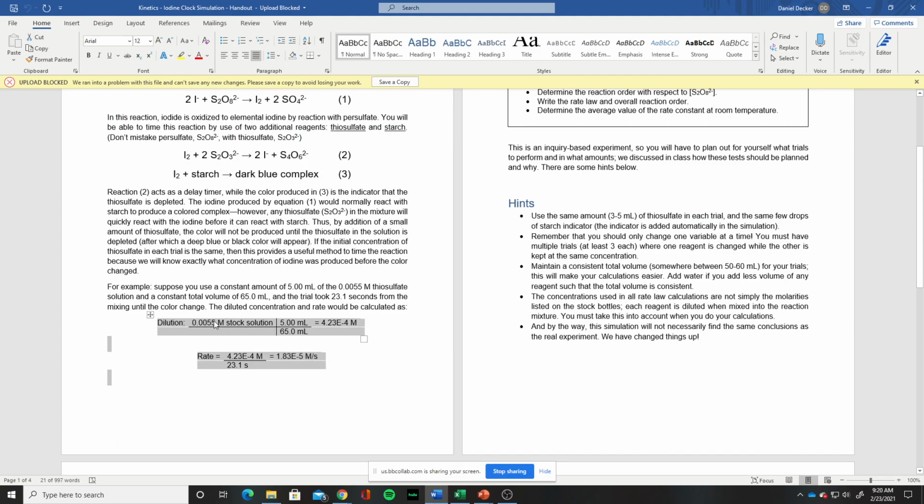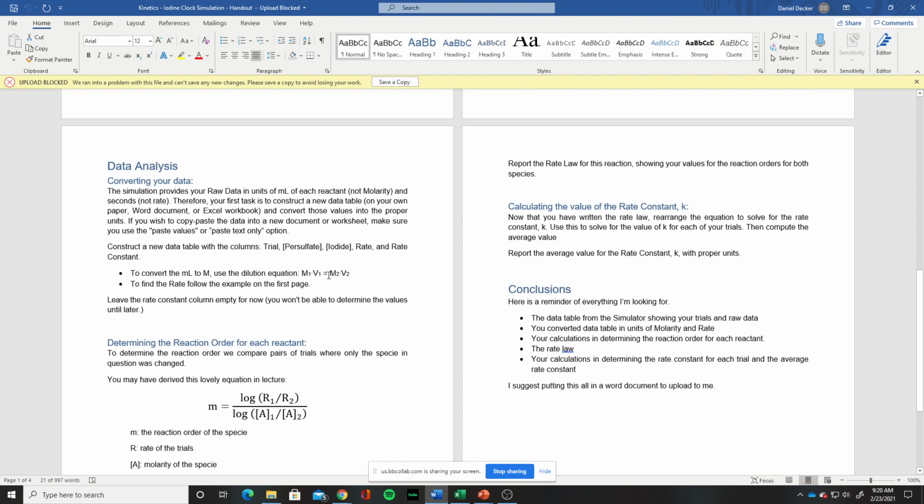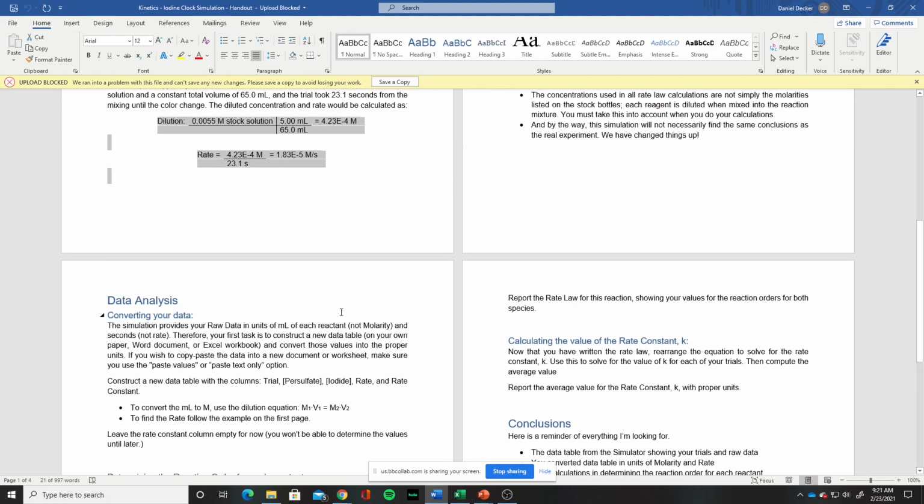And like I said, this is actually just the dilution equation as well, just with both sides divided by V2. So you're left with just M2 over here. So this 4.23 times 10 to the negative 4 is M2. This is M1, V1, and V2. So it's just the dilution equation.